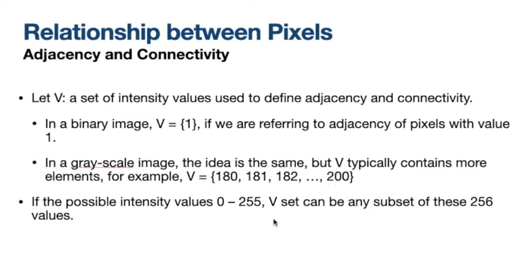So in a grayscale image, it can be any intensity values between 0 and 255. Any subset of these 256 values can be V. So this adjacency and connectivity will always be defined based on this set V. Just keep it in mind.